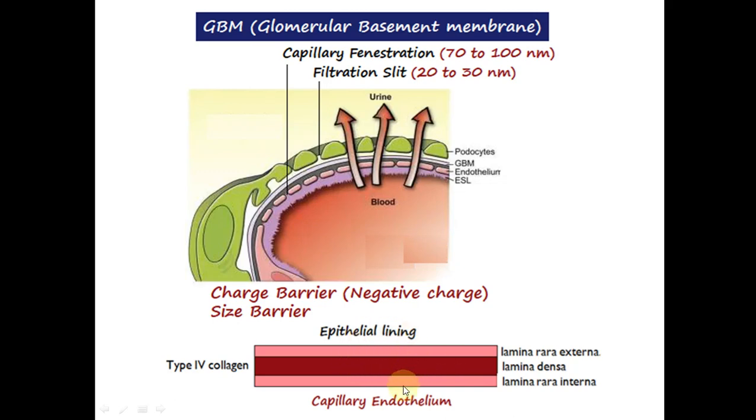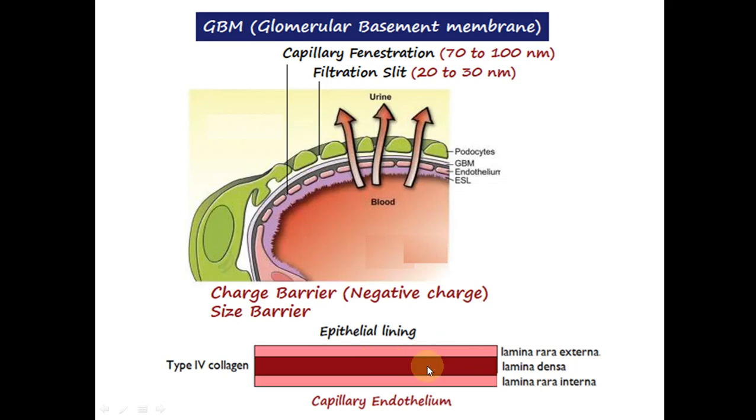The glomerular basement membrane, or GBM, is mainly made of type 4 collagen, and this type 4 collagen is made of the triple helix of various alpha polypeptide chains. An understanding of the basement membrane is very important because certain diseases, particularly diseases of autoimmune origin like Goodpasture syndrome, particularly affect this basement membrane.